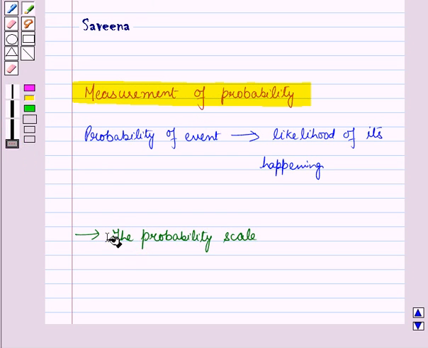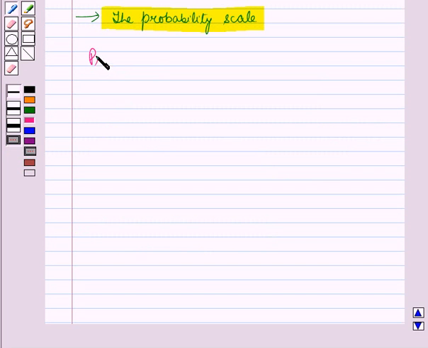Now, let us discuss the probability scale. Now, the probability of an event E is denoted by P of E, and P of E takes the value from 0 to 1.